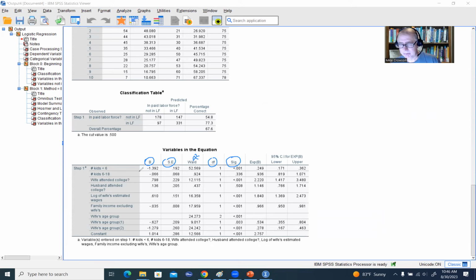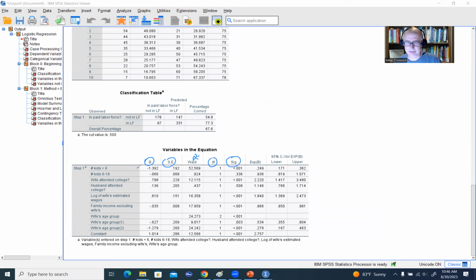Now, I do want to mention that what we're doing is predicting the probability of a woman being in the labor force. That's the target outcome in our model. But we can't model predicted probabilities as a linear function of our predictors. Instead, we are essentially modeling the relationship between our predictors and a transform of the predicted probability, so that we're linearizing that relationship.